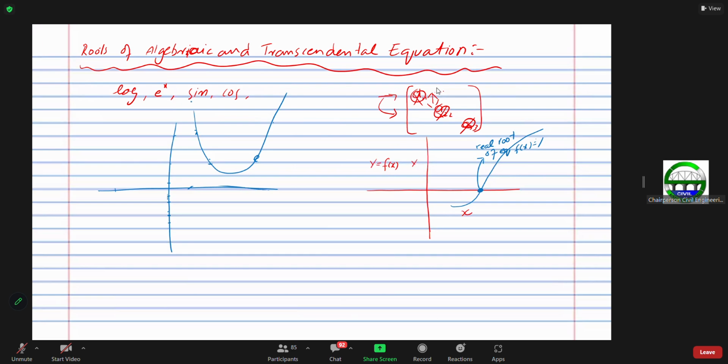In that case, they will ask you to find the minimum root. For example, it is from here, it is increasing to decreasing, it is decreasing, right? So you have to find this particular root. Okay, I hope this is clear to everyone.